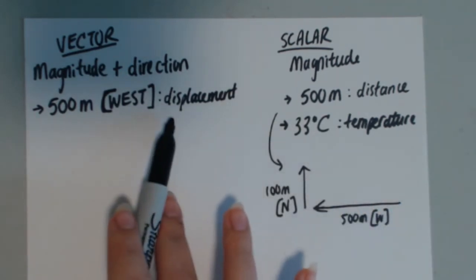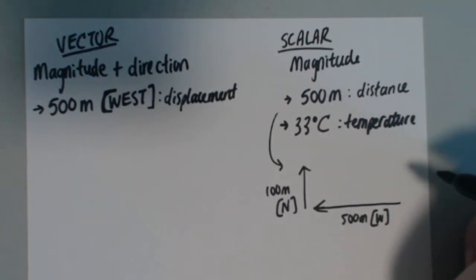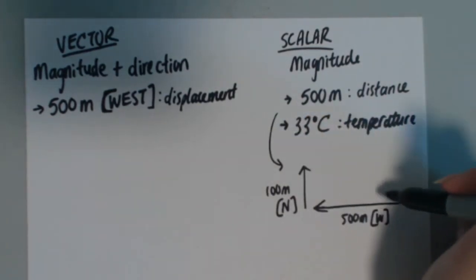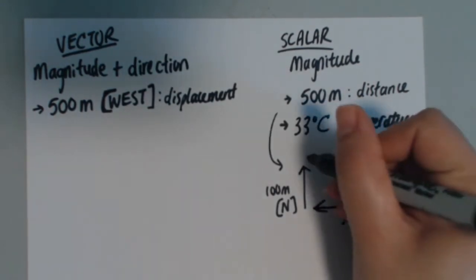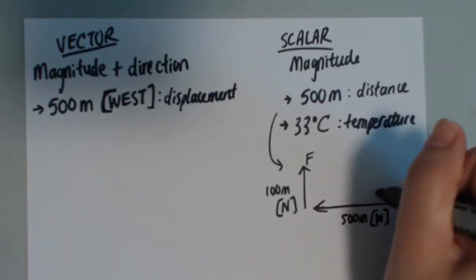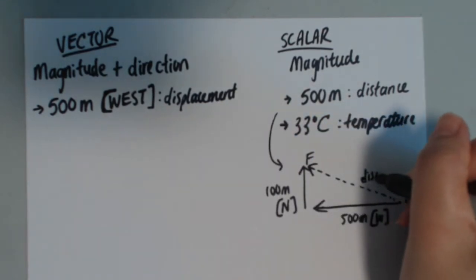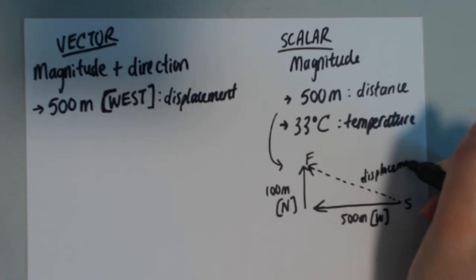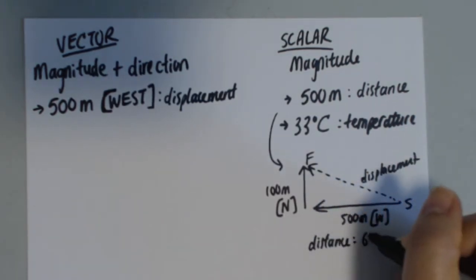But the displacement is, well, the difference in distance between where you started and where you finished. If I wanted to get from where I started to where I finished faster, what would this distance be? That's my displacement. So that's displacement, and then the distance, 600 meters.